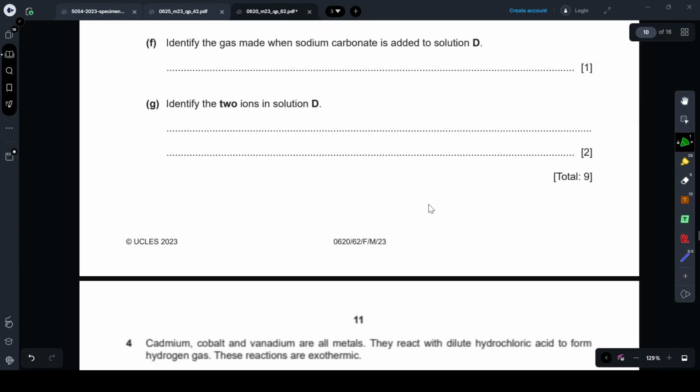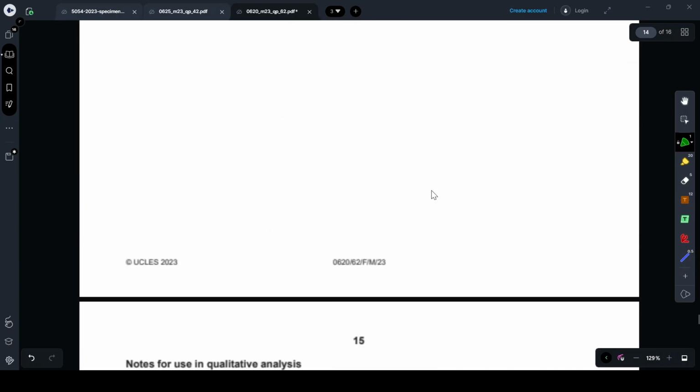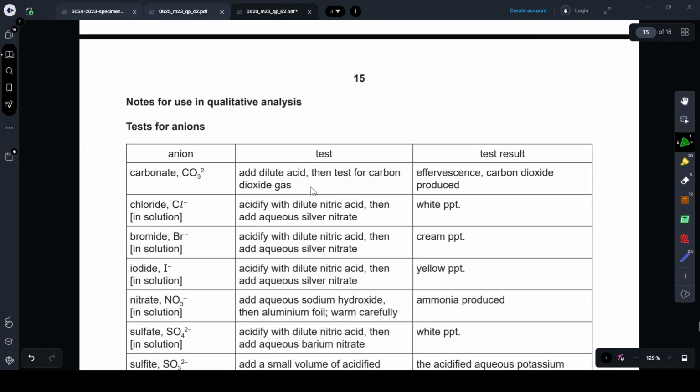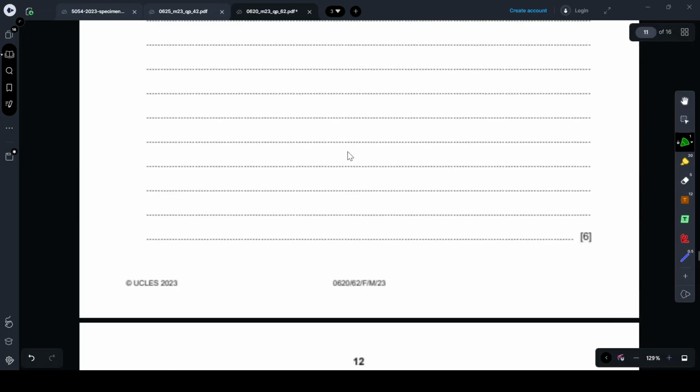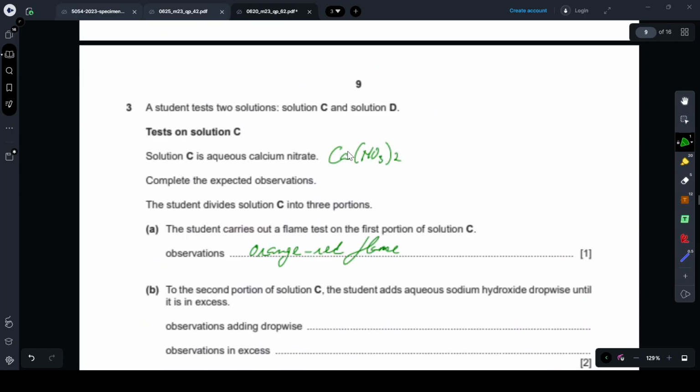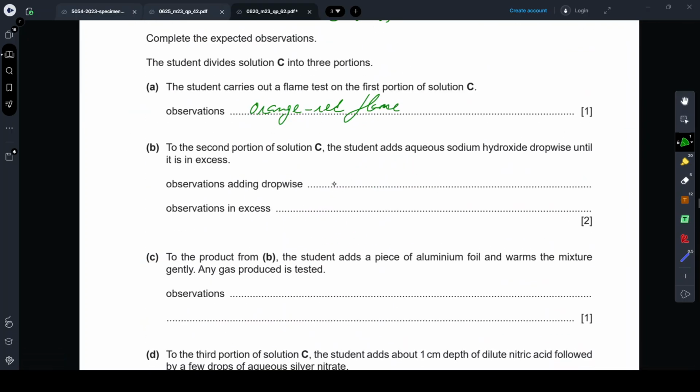So the effect of adding sodium hydroxide is you're going to get a white precipitate, insoluble in excess.